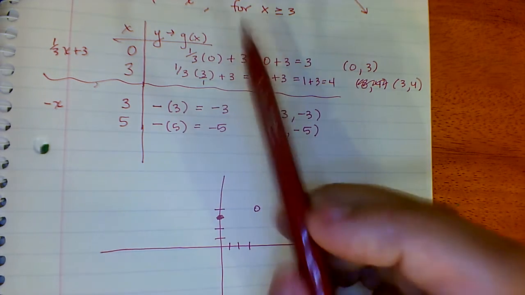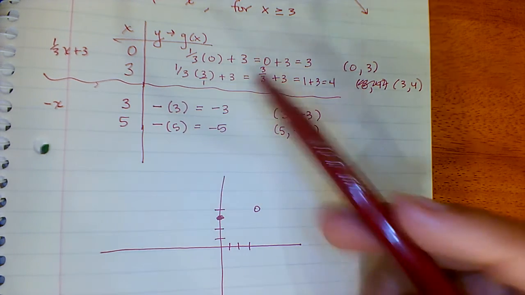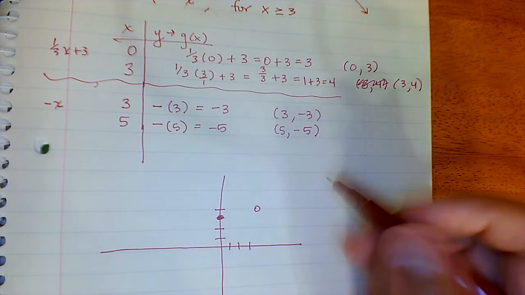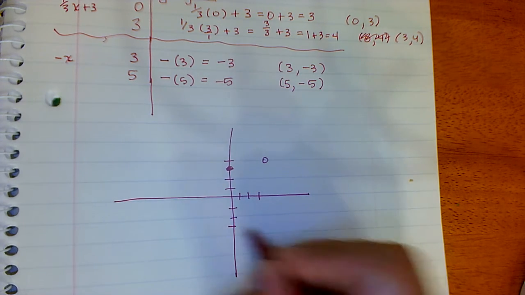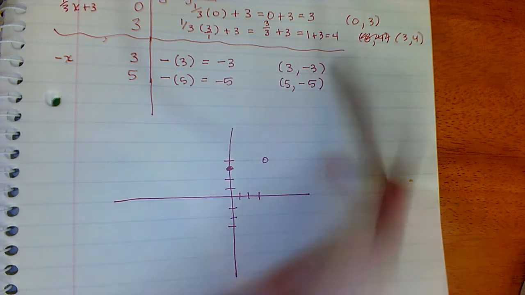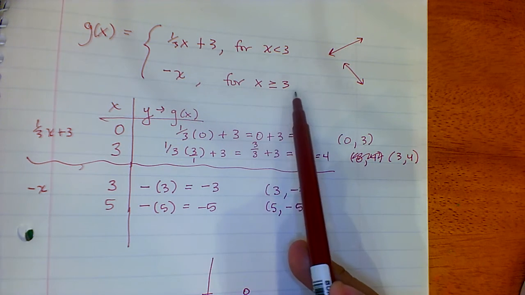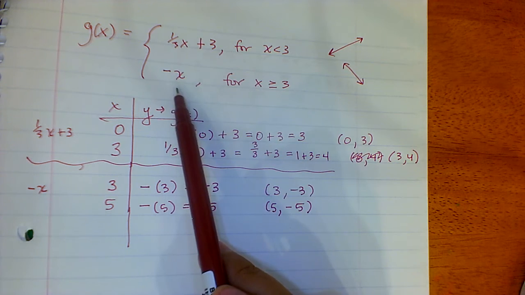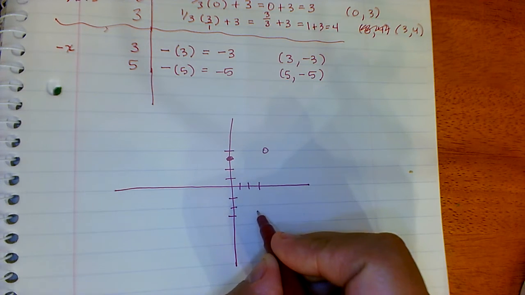And then for this other line that they gave me to define my function of negative x, when I plugged in 3 to that, I got an output value of negative 3. And this is actually a point I get to use because the definition tells me when x is greater than or equal to 3, it's defined by this equation. So I'm going to put in a full circle on that point at 3, negative 3.